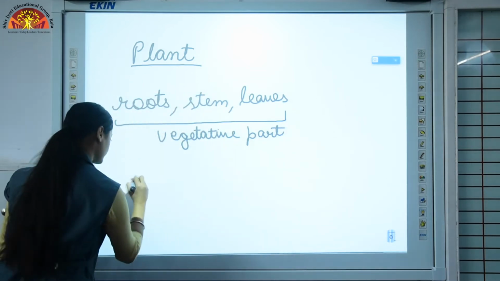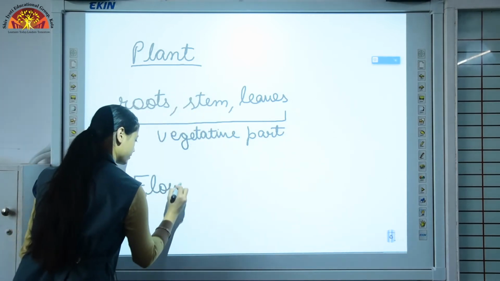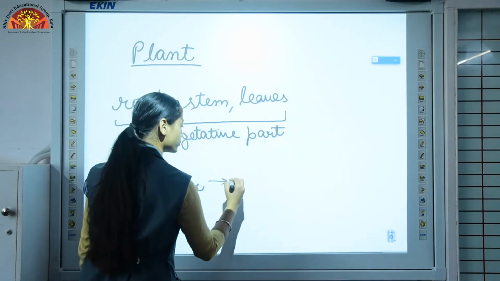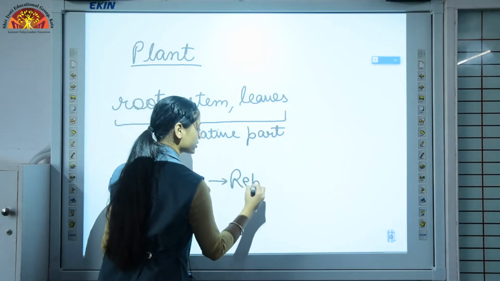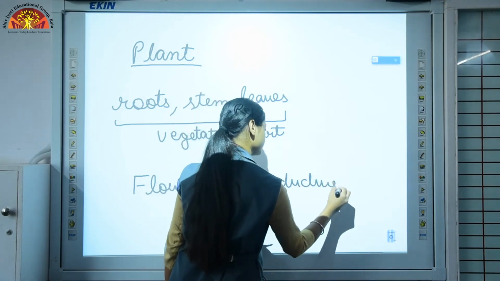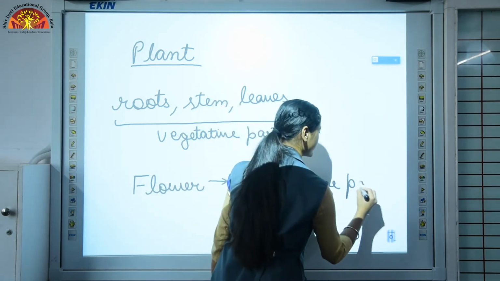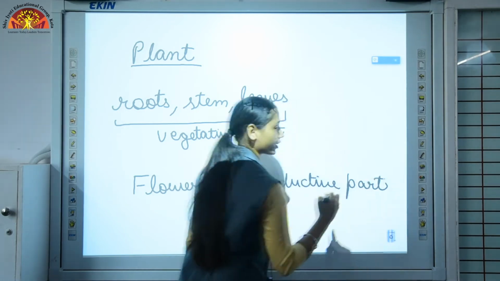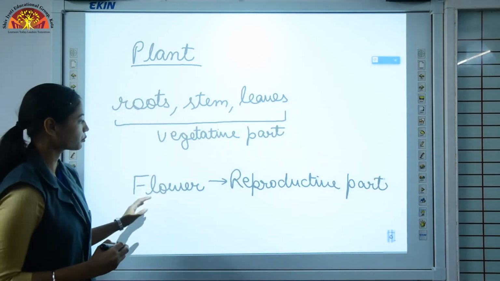And one more part is there, the flower. Flower is known as the reproductive part of a plant because it helps in reproduction. It is involved in reproduction.